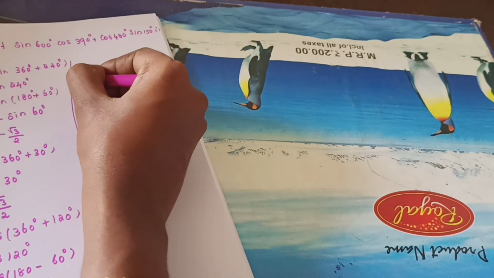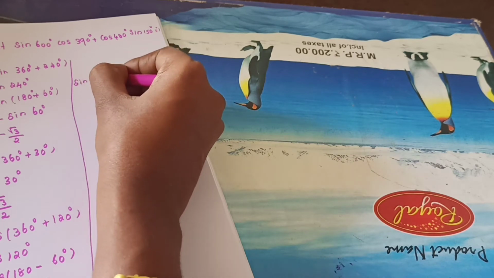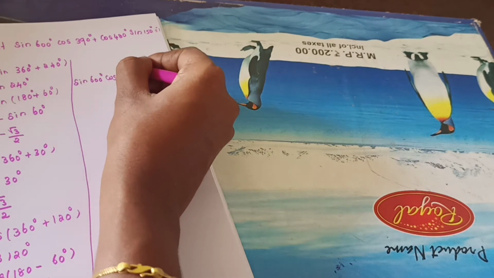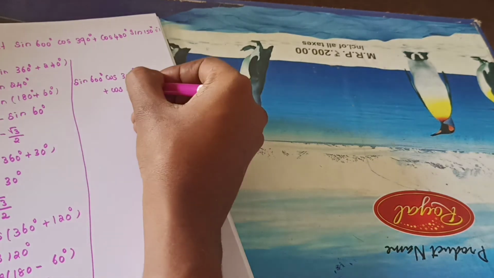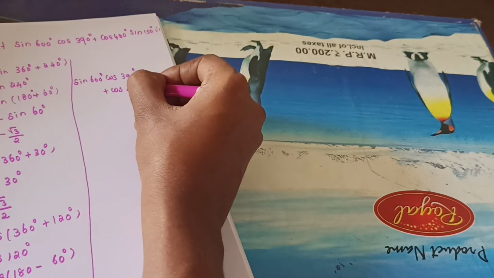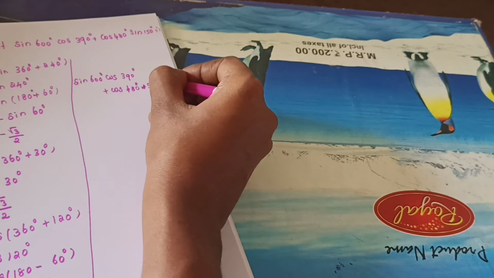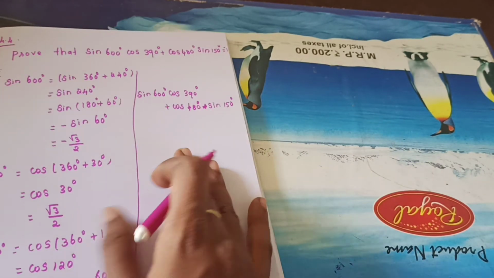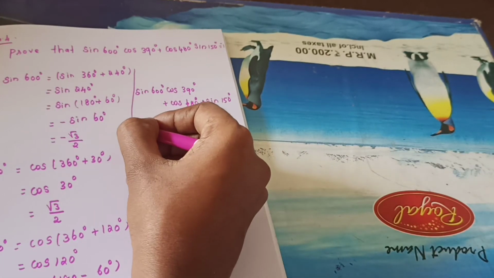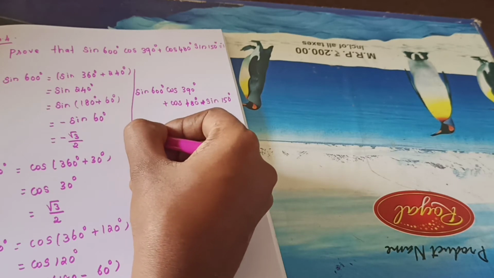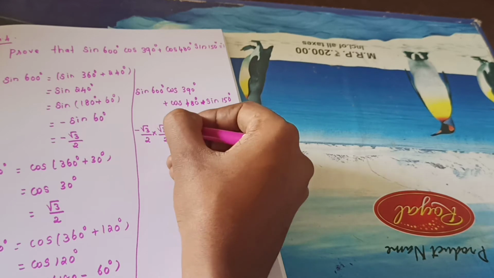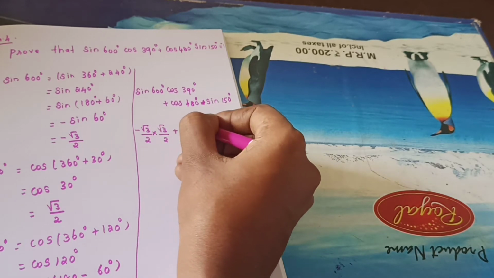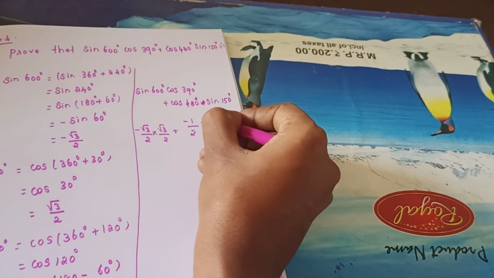So sin 600 into cos 390 plus cos 480 degree into sin 150 degree. Apply all the values. So sin 600 means minus root 3 by 2 into root 3 by 2, plus minus 1 by 2 into 1 by 2.